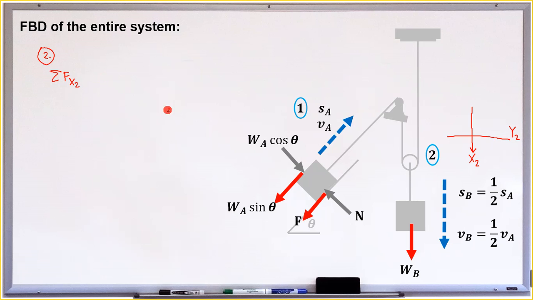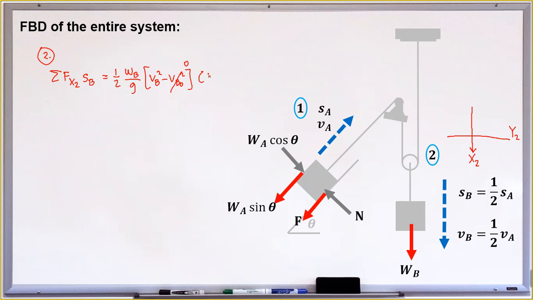So may butang that is SB is equal to 1 half WB all over G, and then ang iya diri is VB square minus VB0 square. But since both of them start from rest, therefore 0 na siya, no?